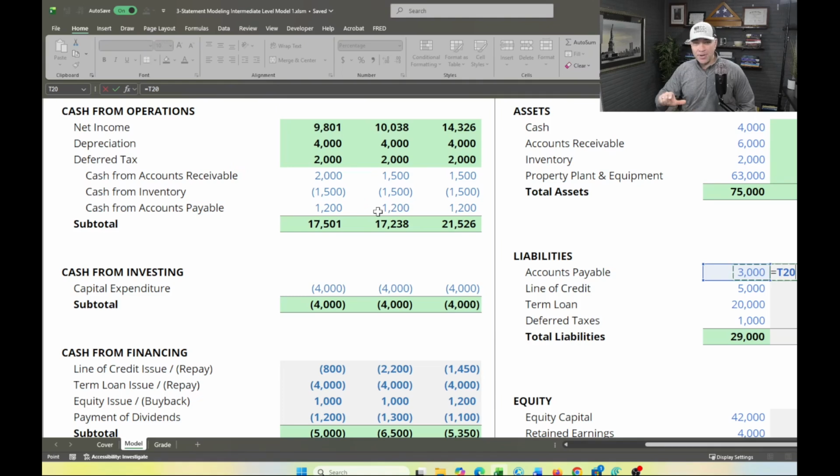That means next period I owe it, but I'm owing even more. It's increasing at 1.2 million per year. So I'm going to do the previous balance plus this. It's a positive amount, so it's increasing by that amount each period.